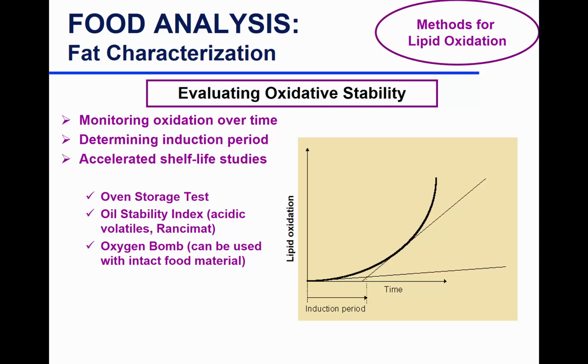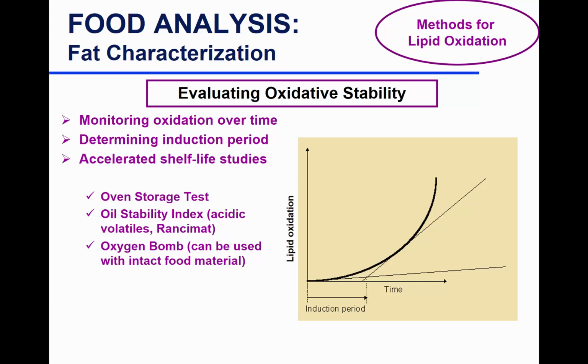Okay, so that's simple. The other one that can be used, and usually there is equipment for it called Rancimat. You might come across that when you're looking at your project. The oil stability index is basically where you get your oil and you put it at a temperature around 110 to 130 degrees Celsius, and then you bubble in oxygen or air even.